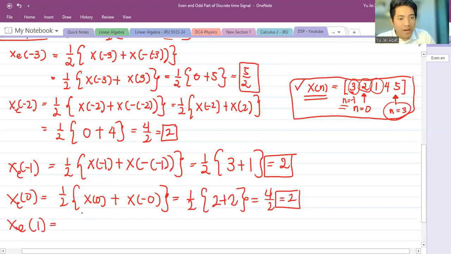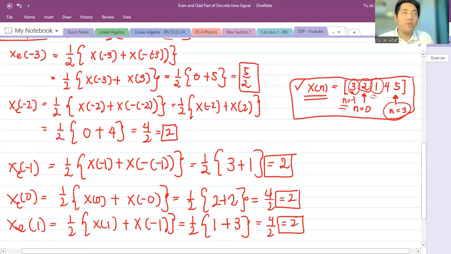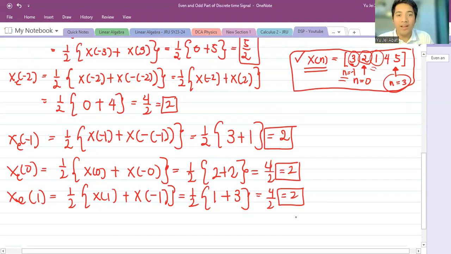And for n equals 1, so we have x of 1 plus x of the negative of 1, which becomes -1. So you have 1/2. We have 1, our value is 1, plus the x of negative 1 is 3. So again, the value is 4 all over 2, or simply 2. So it doesn't always equate to 2, but it so happened in this example that the answer is 2.